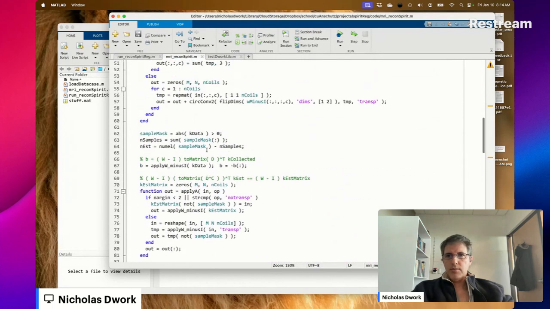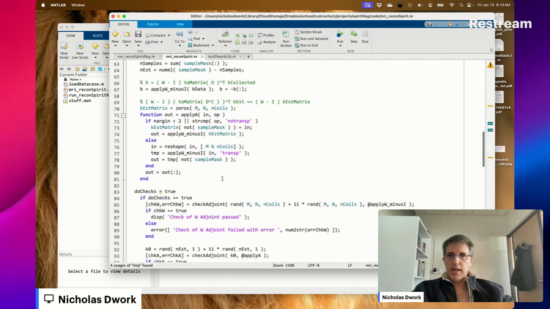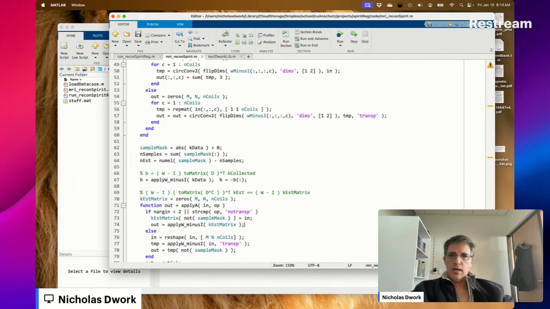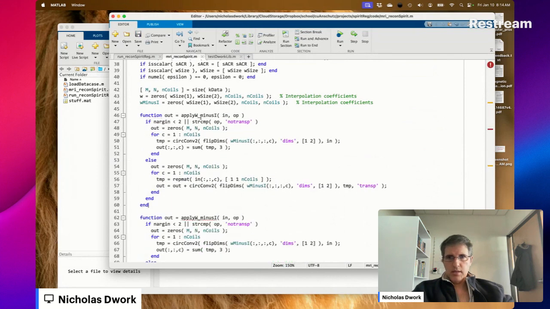When we apply W, I guess apply W minus I, oh no, when we apply A, we can check that applying W and then subtracting K estimated matrix is the same thing. Let's see if they are. No, they shouldn't be.